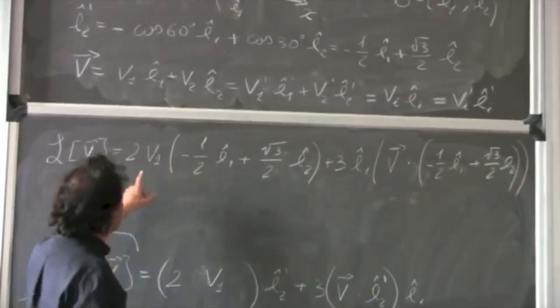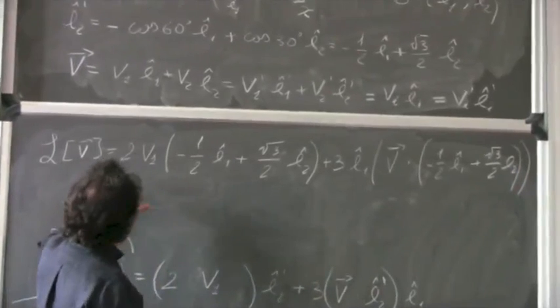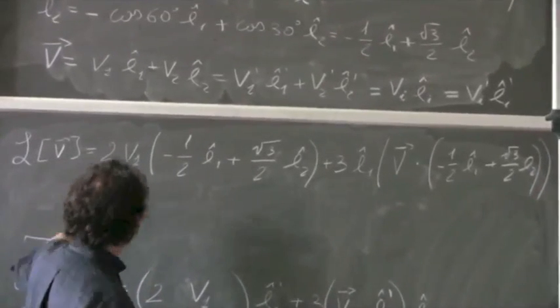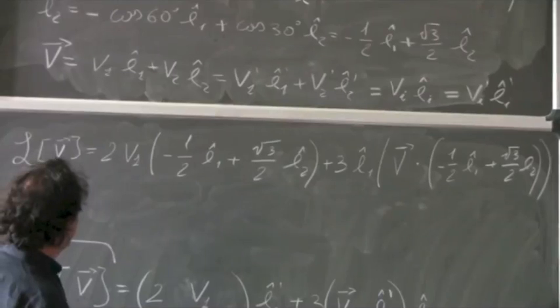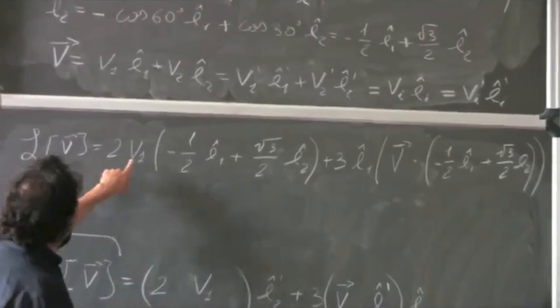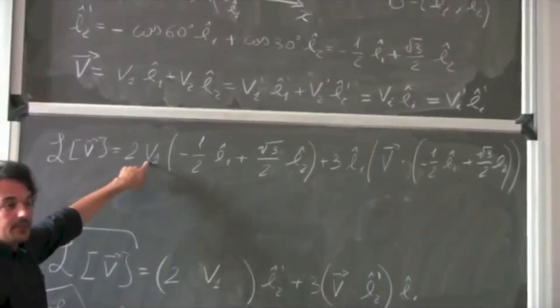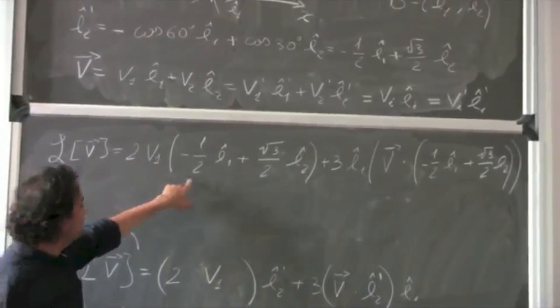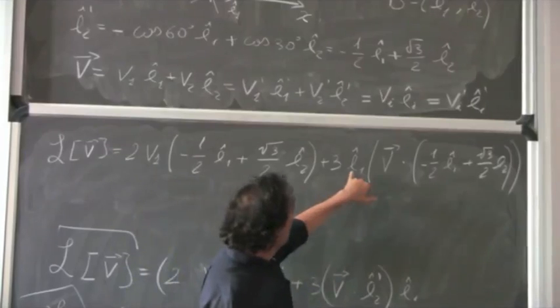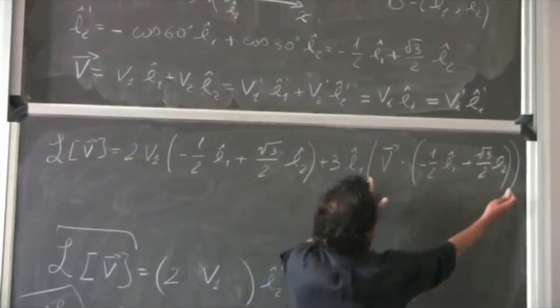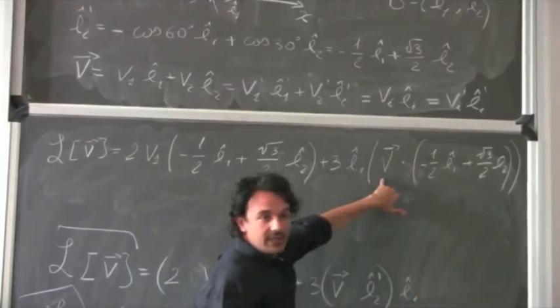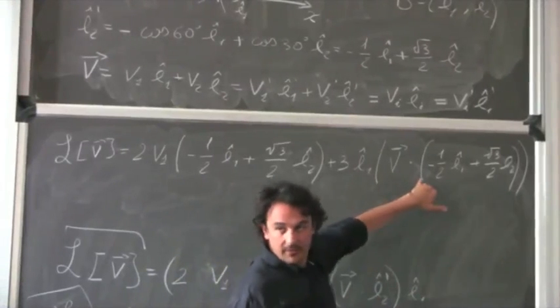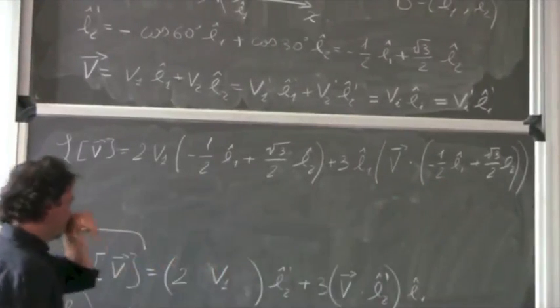See the parentheses, see that this is not a vector, this is the component of the vector. This is a scalar, this is a vector. This is a vector multiplied by a scalar. You see here a vector, but then you have a scalar product.